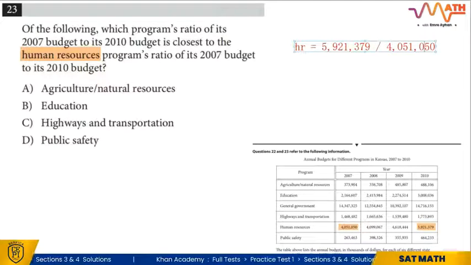Let's divide it by calculator, right? We are free to use the calculator. We divide by 4,051,050. It is like 1.46 approximately. That's right, 1.46.